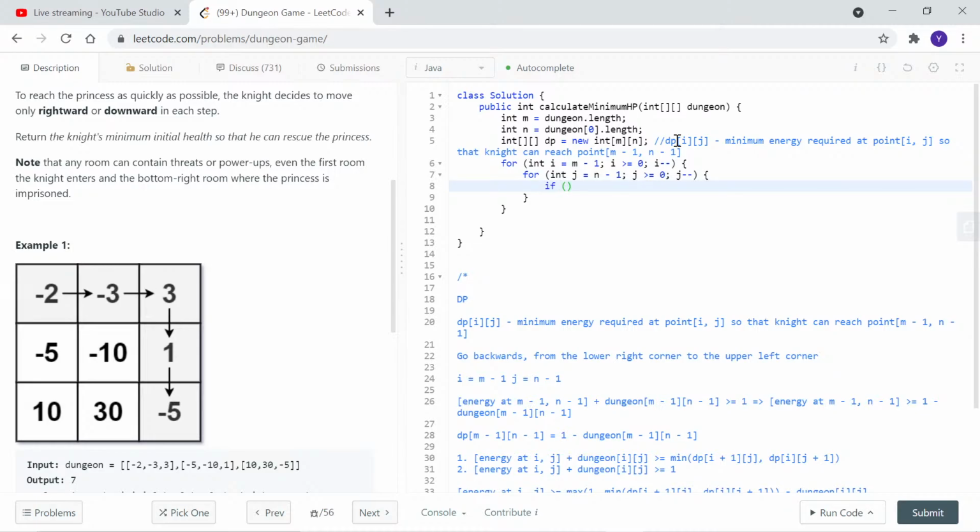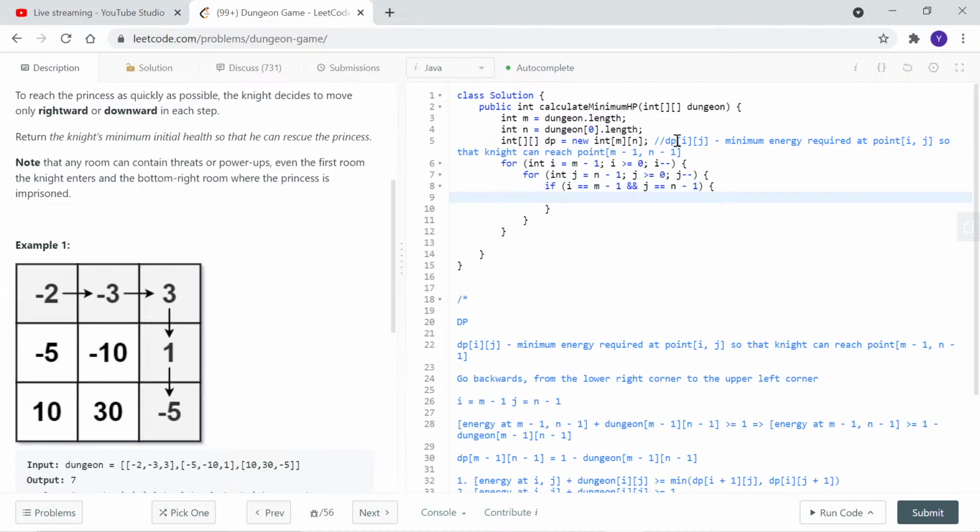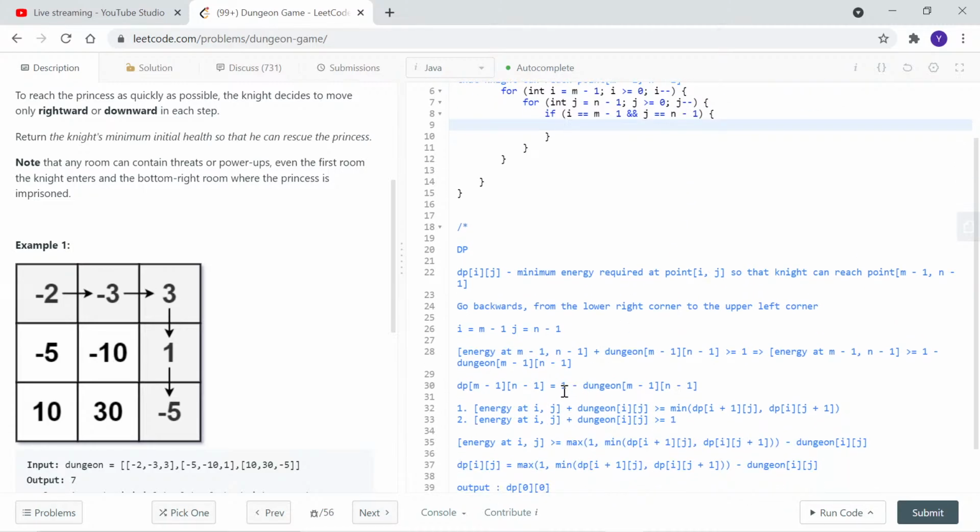So firstly, let's consider the situation when i is m minus 1 and j is n minus 1. Then this one is, as we said, it will be equal to, we can actually call it 1 minus dungeon ij.